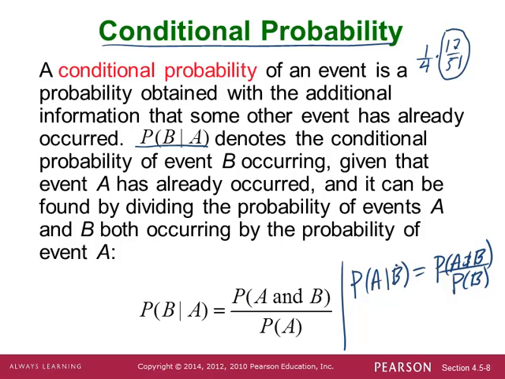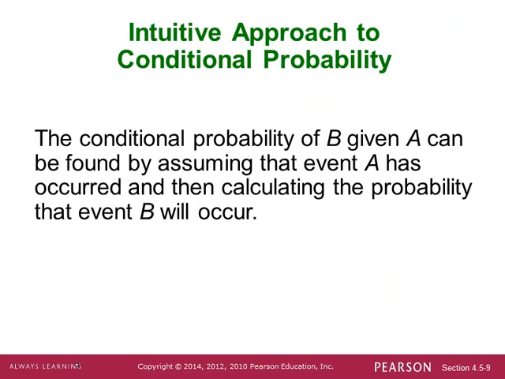So you see this second event here, the event that we're conditioning on, you'll see the probability of it in the denominator of that calculation there. And I just want to remind you, this is one way of calculating this conditional probability of B given A here, or A given B here. This is not the only way of calculating the conditional probability. We can use an intuitive approach, just like we did with the cards.